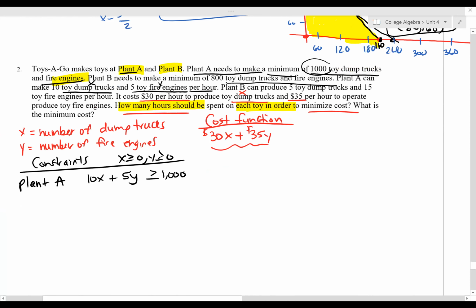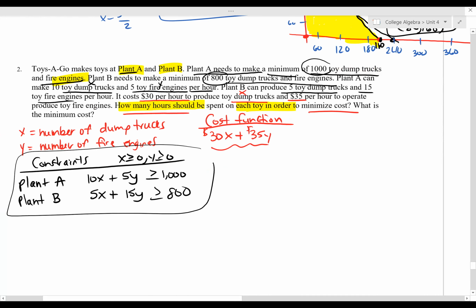And then Plant B can do 5 toy dump trucks, so 5X plus 15 fire engines, 15Y, and the limit for Plant B is a minimum of 800 toys, so greater or equal to 800. Okay, so that's my Plant B, and I think we got everything in there now. So we got our constraints that we want to graph, and we got our cost function.